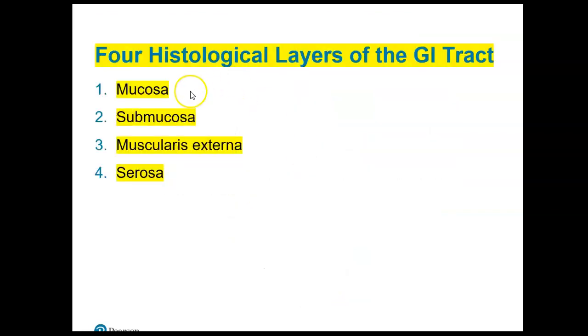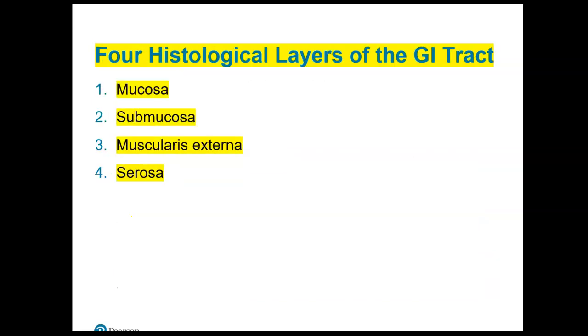There are 4 layers that line the GI tract. The layer that's closest to the lumen, so the most internal layer, would be the mucosa, the submucosa, and then the muscularis externa, and the serosa is your outermost layer.